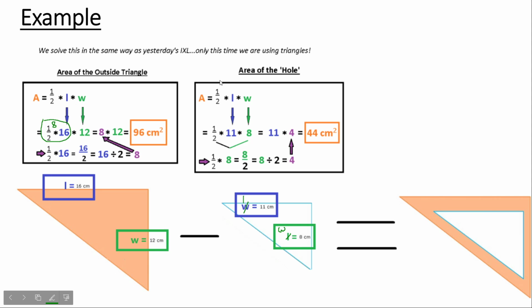In fact, I got it right up here. So we know that the length is equal to 11 centimeters. So we plug in this 11 for the L, and then we plug in an 8 for the W here. So now we do 1/2 times 11 times 8.